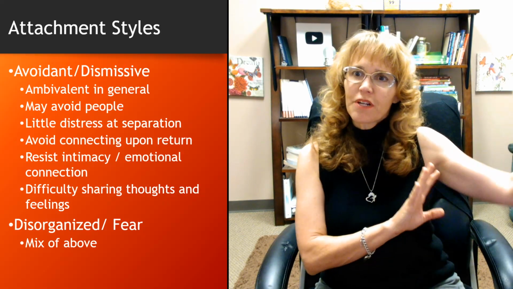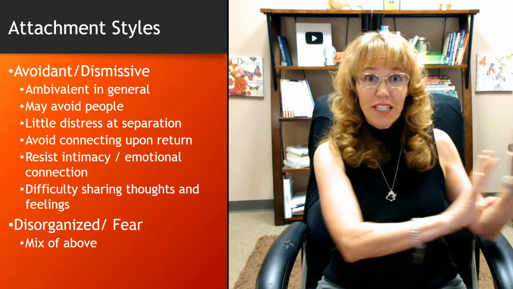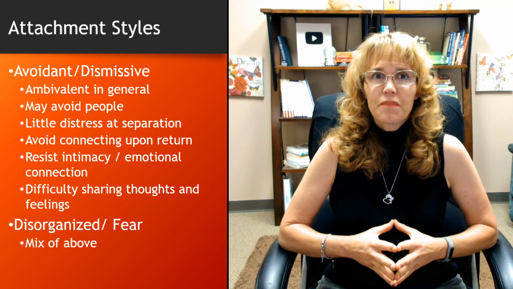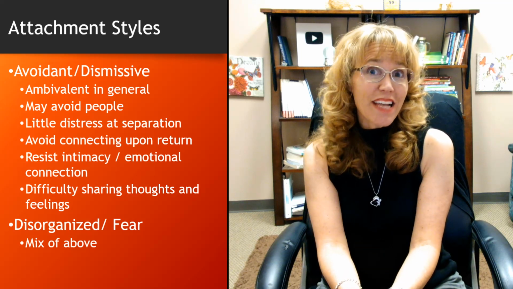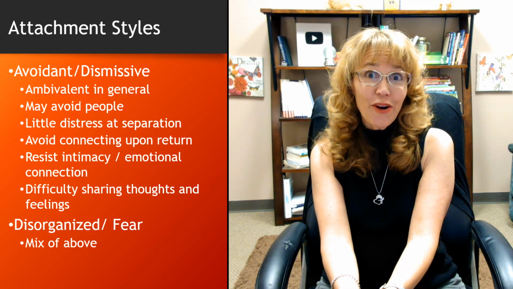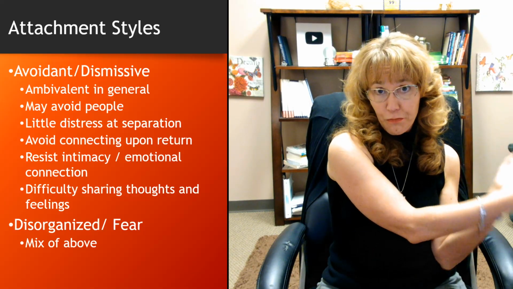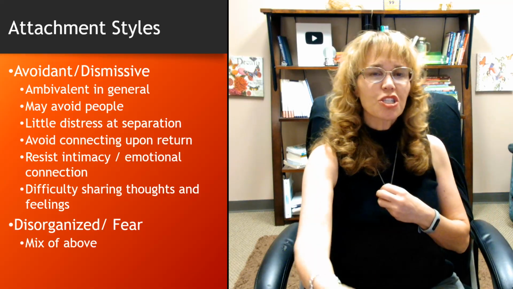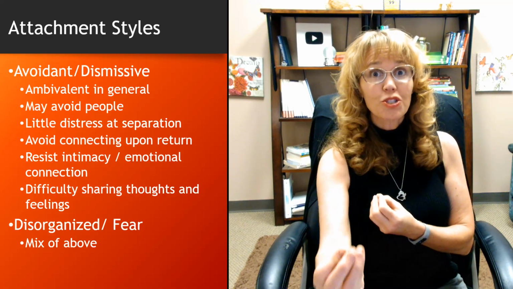She may develop an avoidant, dismissive attachment with that caregiver. However, she may have children of her own now, and she fears that they are going to abandon her the way her caregiver abandoned her, so that she may have an anxious, preoccupied attachment with her children.